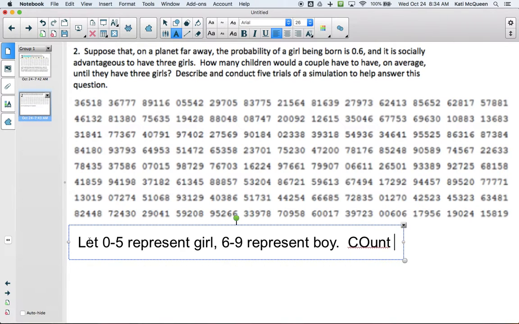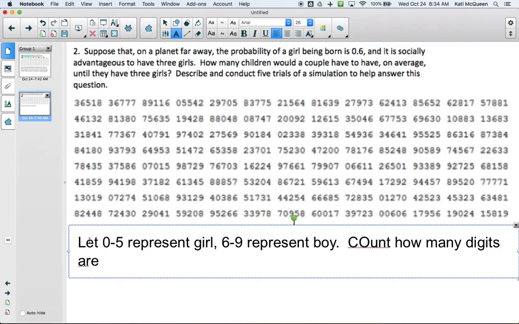So I'm going to count how many digits are needed to arrive at 3 girls. In other words, until I get 3 numbers that are 0 through 5. Okay?